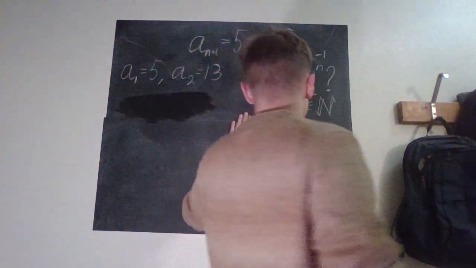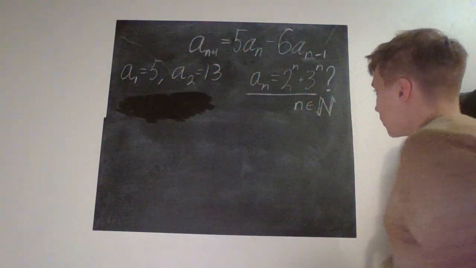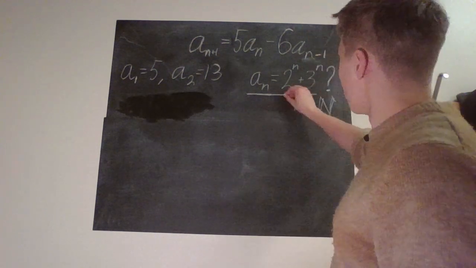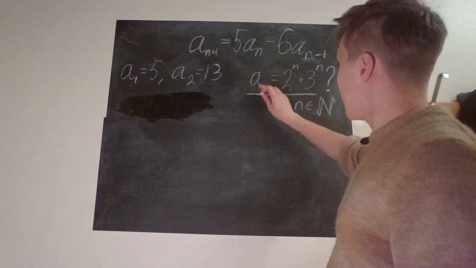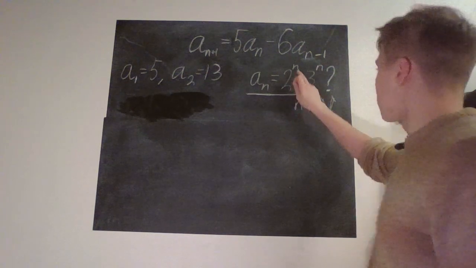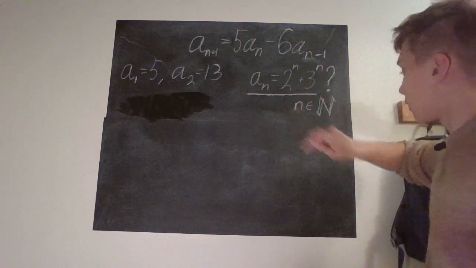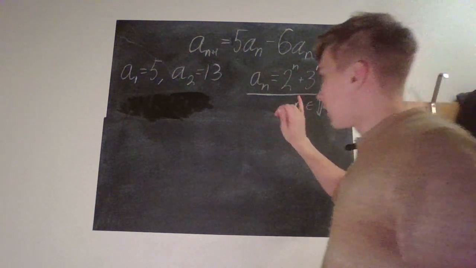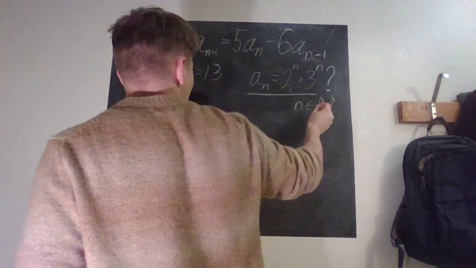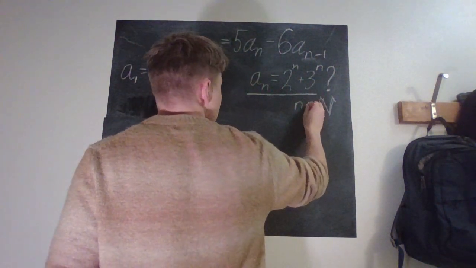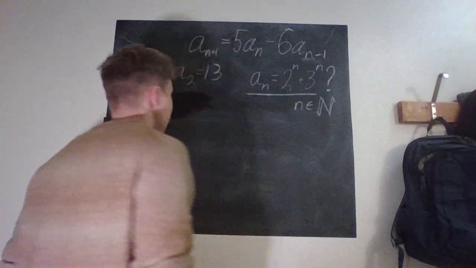Then we have our statement here: prove that a_n is equal to 2 to the power of n plus 3 to the power of n for all n belonging to the natural numbers.